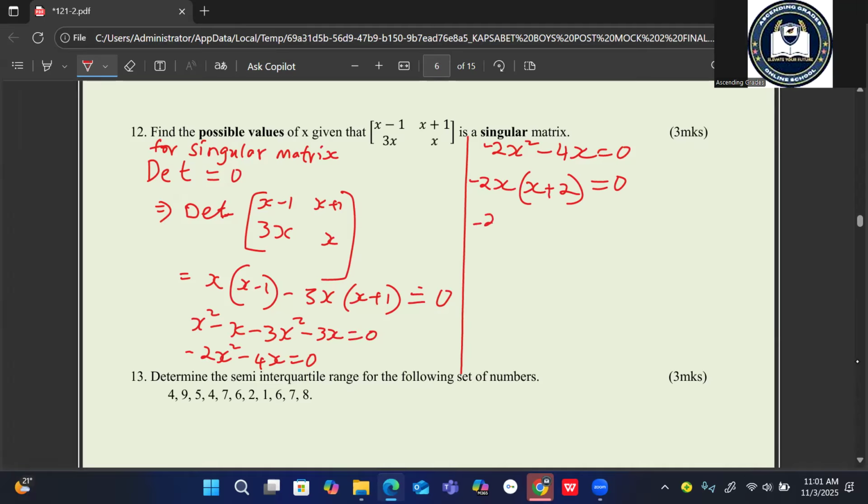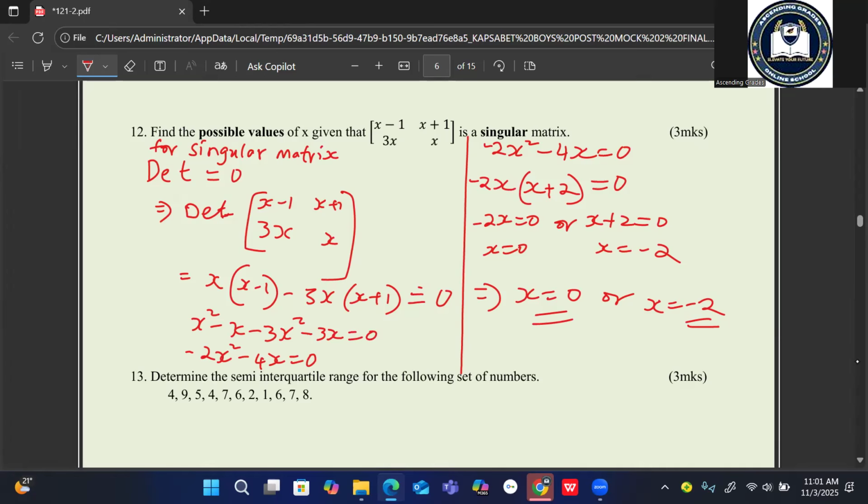So either negative 2x is equal to 0, so our x will be equal to 0, or x plus 2 is equal to 0, so our x will be equal to negative 2. Therefore, x is equal to 0 or x is equal to negative 2. And you already have your 3 marks.